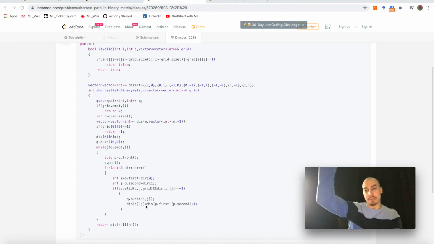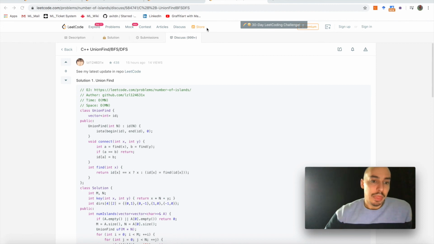So if we start from 0, then all its neighbors have distance 1, and their neighbors have distance 2 to the starting element, etc., up until we reach that lower corner in the matrix, and that corner has the distance n minus 1, which again per BFS definition is the shortest distance to the start.